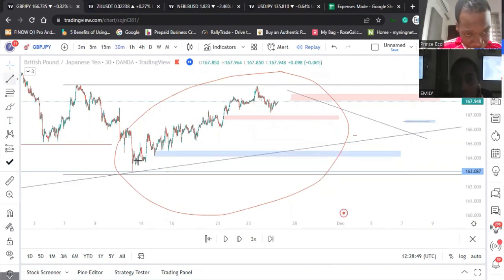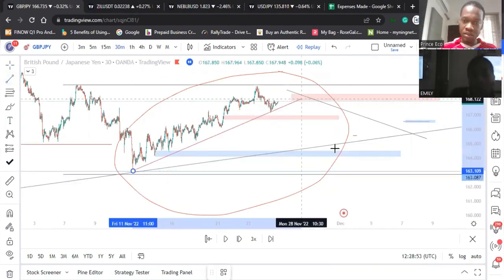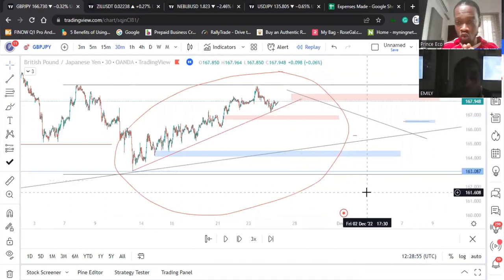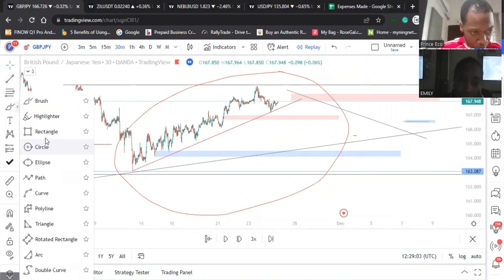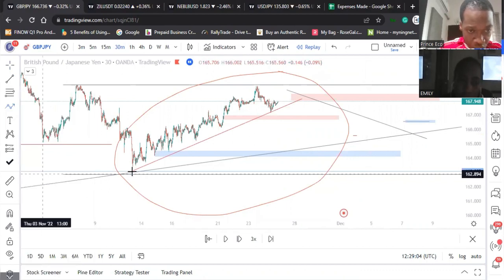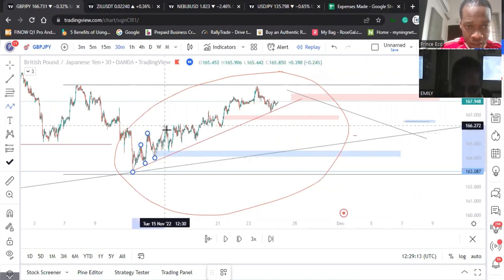Now, mind you, I said wherever there's liquidity, markets is always going to come to that place. Now, on the internal structure, it's showing us higher low, higher high, higher low, higher high, higher low, higher high, higher low, right?